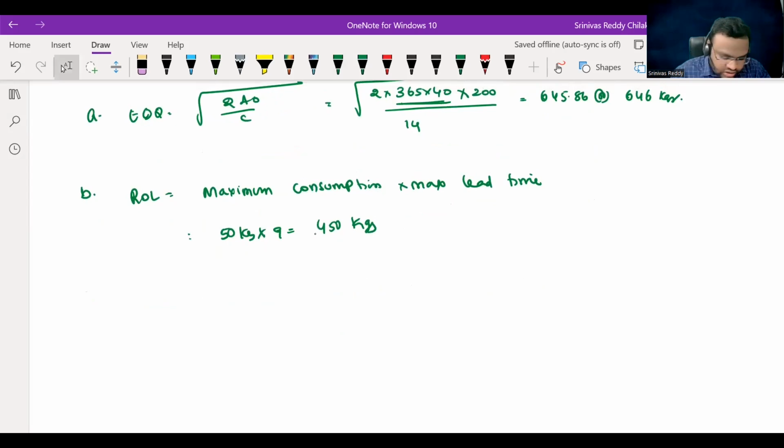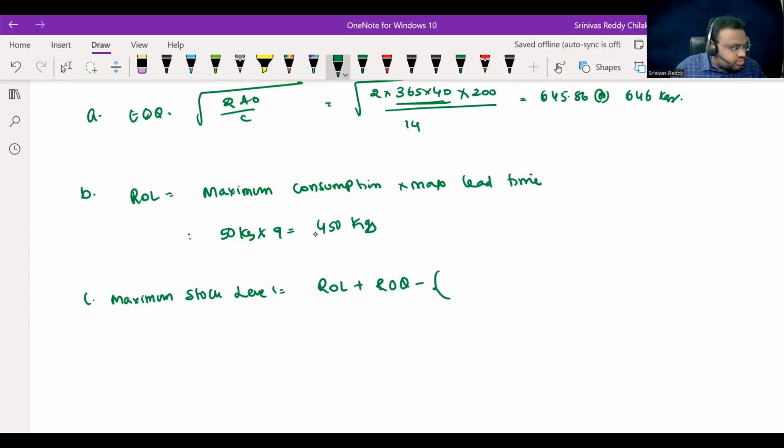What is next one? Maximum stock level. Maximum stock level is ROL plus ROQ minus minimum consumption into minimum lead time.